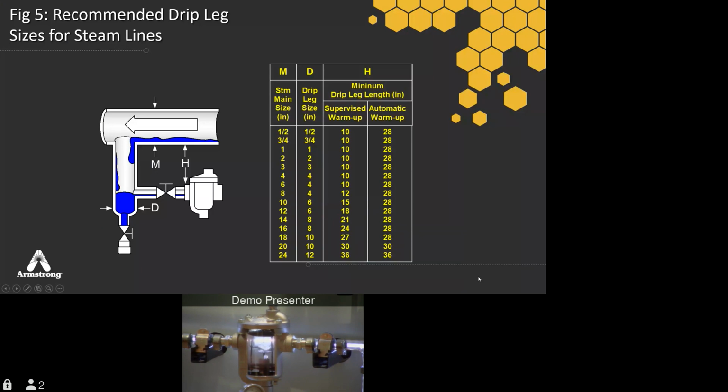A 10-inch, again, half or the next nominal pipe size. Got a lot of 5-inch pipe out there, so it's 6. And so on. So it's half the diameter of the main above 4-inch. Again, adequate diameter to allow water to fall down into, to collect so the trap can do its job.